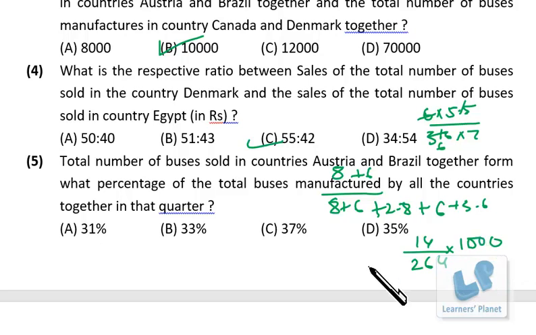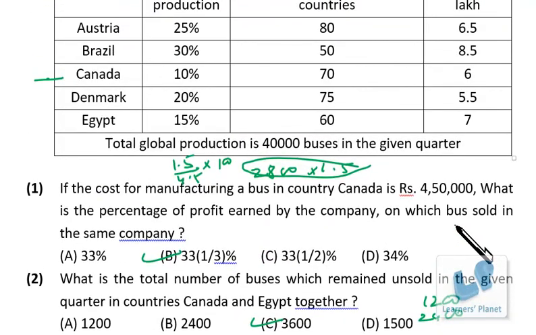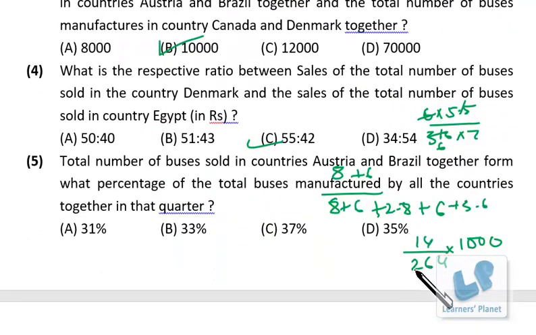I'm sorry, it is manufactured. So manufactured is not 26.4, I made a mistake. Manufactured is 40,000 only. So 40,000, and in thousands, it is just 40. So 14,000 by 40,000 into 100. This is the calculation that we have to make. So that comes to 35%. Okay, be very clear. I'm sorry for this mistake.